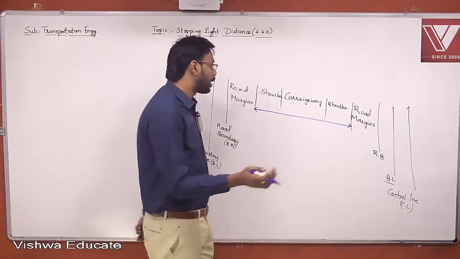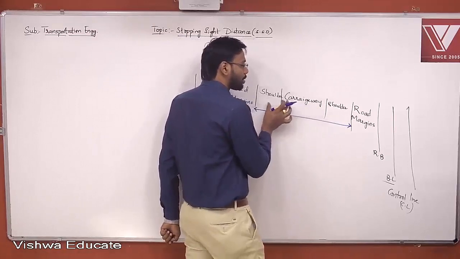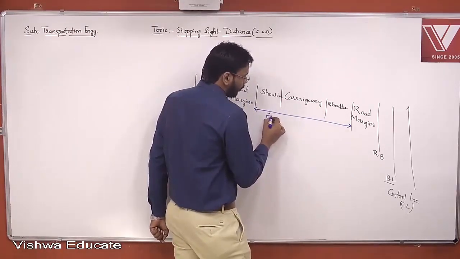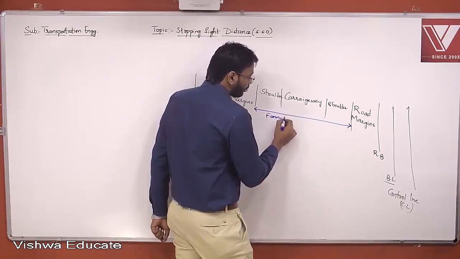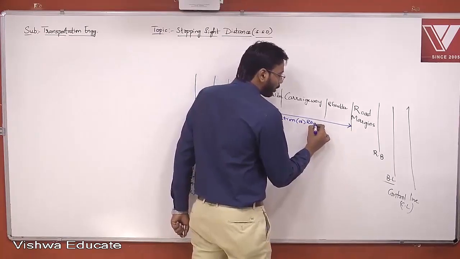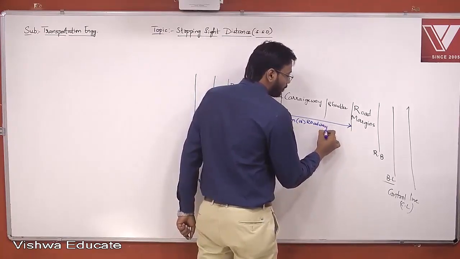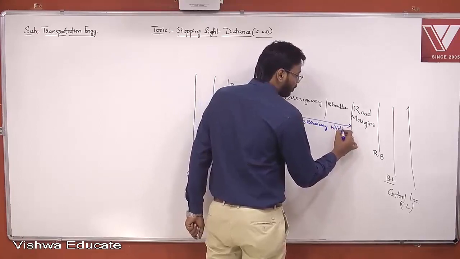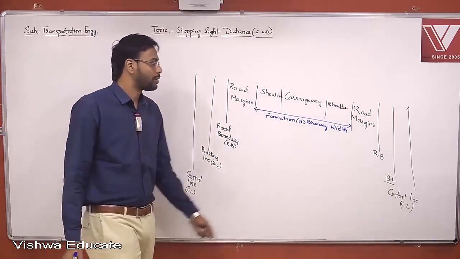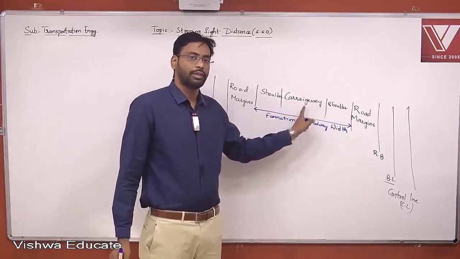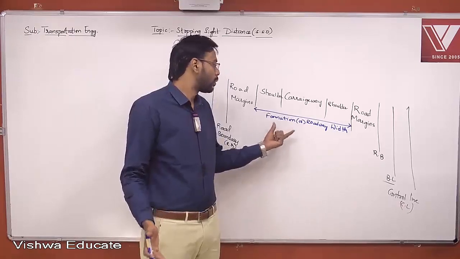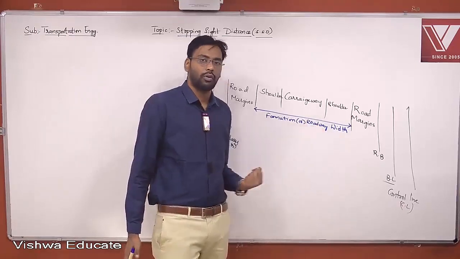That's why carriageway plus shoulder is called formation width or roadway width, because both the road and the shoulder will be having almost the same height. So that's why it is called formation or roadway width.